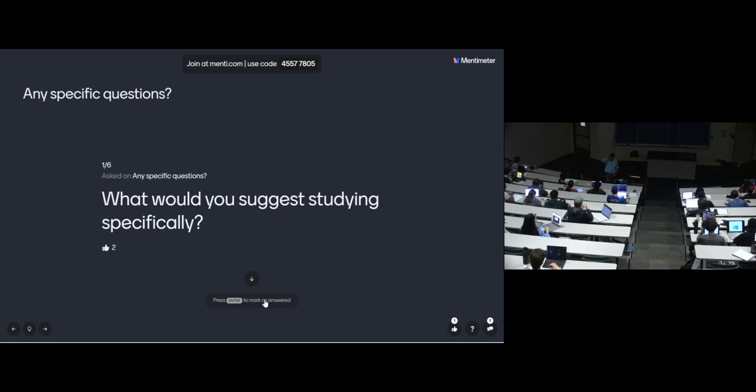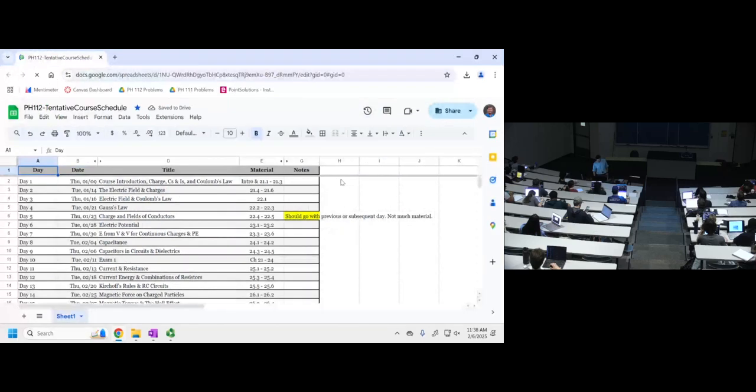In terms of what sections will be on the exam, that's also a good question. If you pull up our tentative calendar, we did get through all of this, so if you look at this column right here, these are the sections that will be on the exam. For example, I think we left out a section in chapter 23 and maybe 22 as well. So be aware that these are the sections that are on the exam.